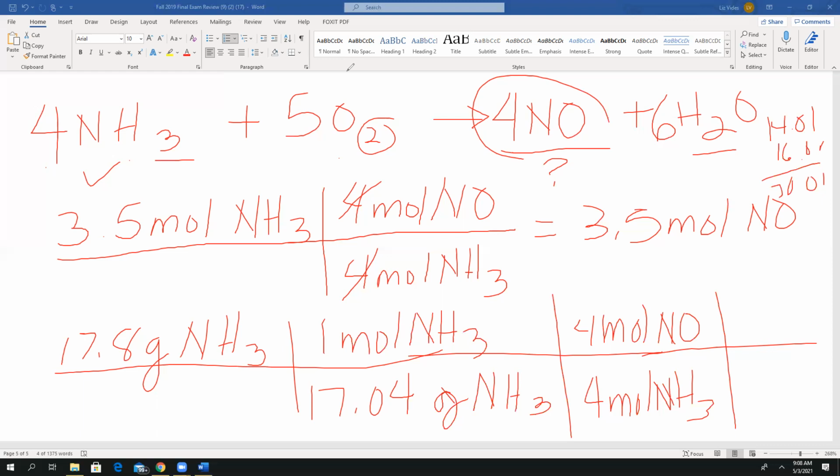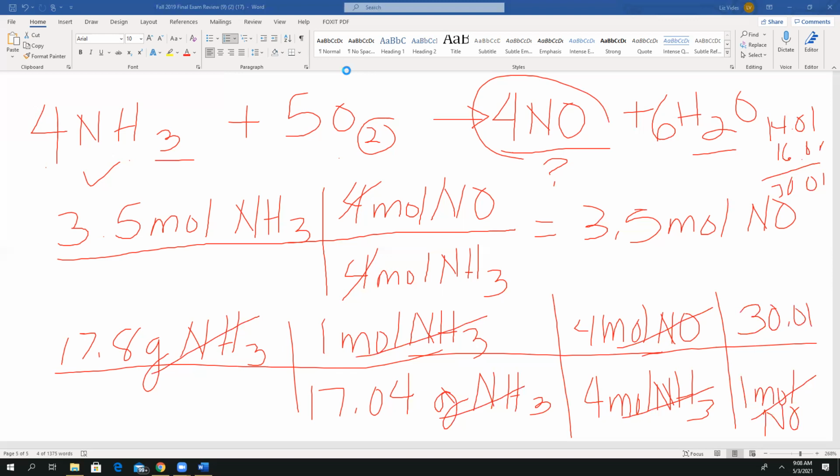Where do we put it? Put it on top. Why? Because 1 mole of NO has to go down here, you see. We need to locate where we need it because grams would cancel, moles are going to cancel, and we need our grams up there, which was 30.01.